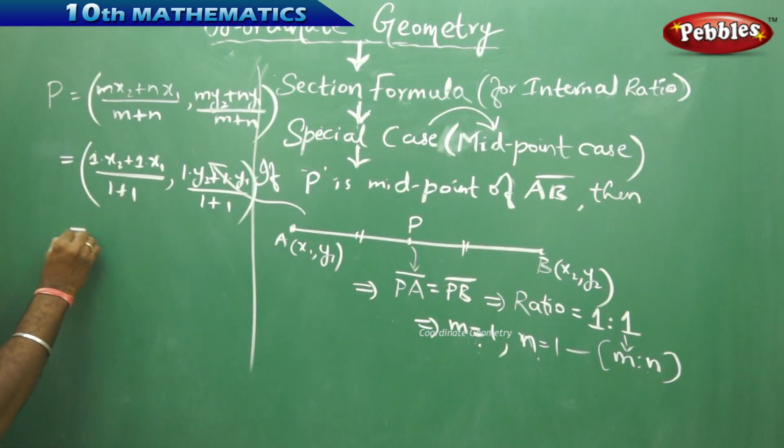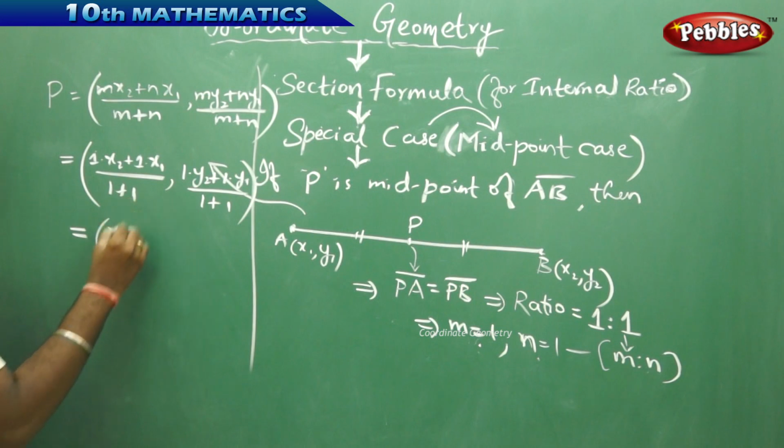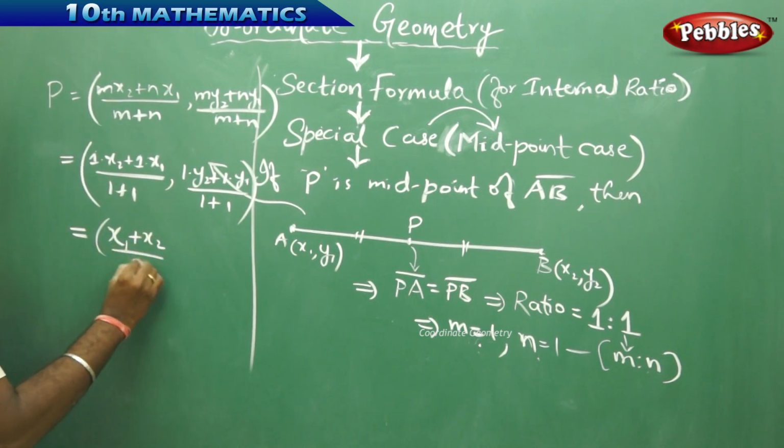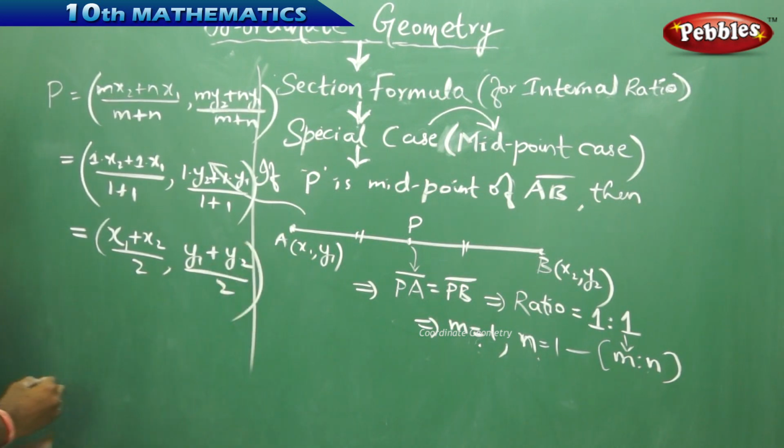On further simplification, when arranged, this gives me (x1 + x2)/2, (y1 + y2)/2.